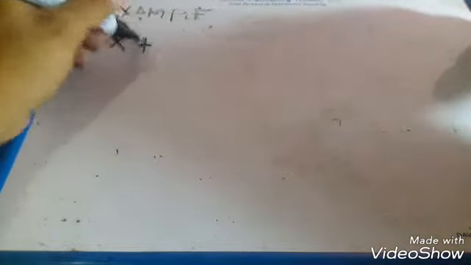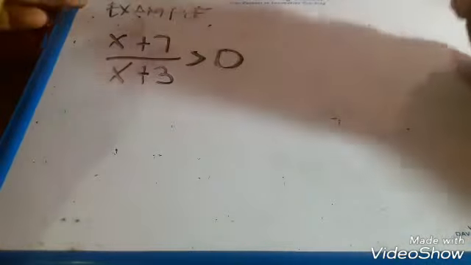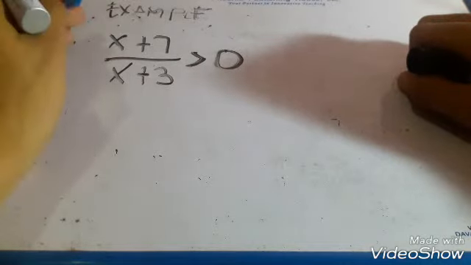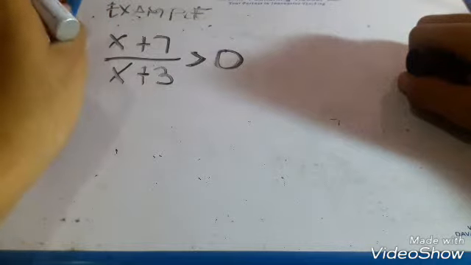So for now, we are going to solve an example of a rational inequality. This is the example. Now, this example is already at the first step because it separates the 0 and has a single fraction.